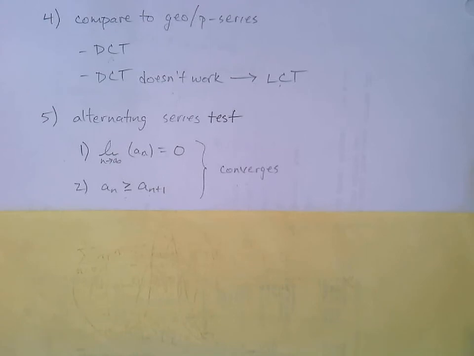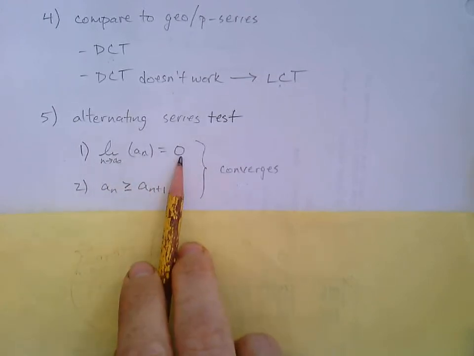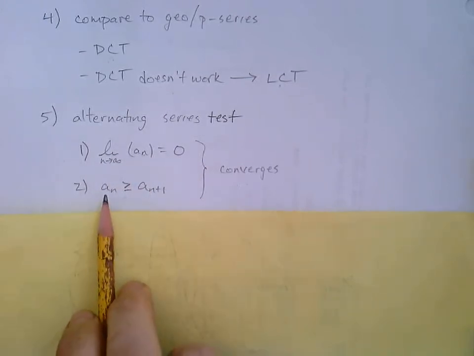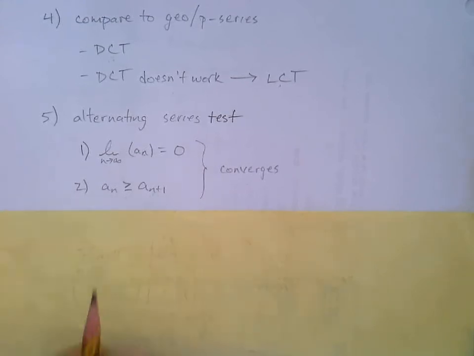So if you identify this as an alternating series test, remember the two conditions. That the limit as n approaches infinity for a sub n must equal 0, and that the values must be decreasing. A sub n is greater than or equal to a sub n plus 1, right? Which you would have to show. If both of those are satisfied, then you know it converges.